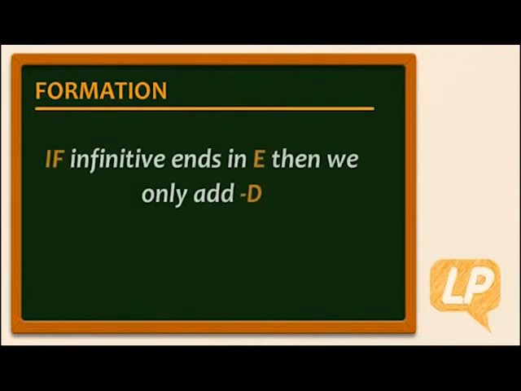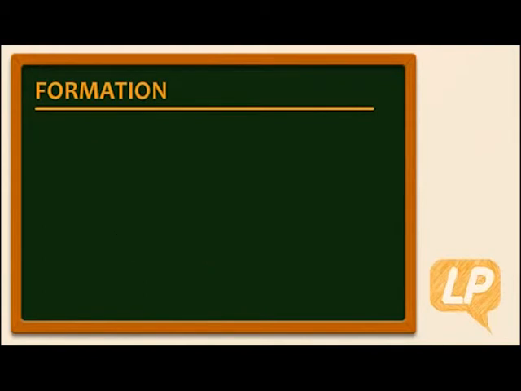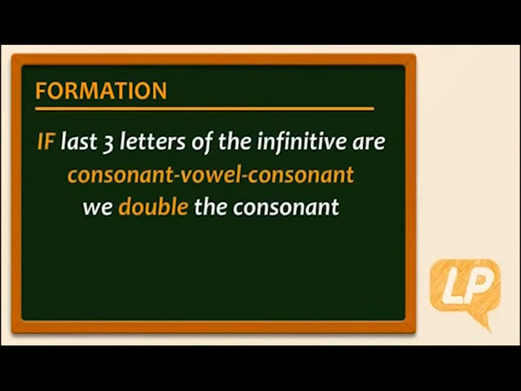If the letter E is the last letter of the infinitive, you only add the D. Smoke, smoked. If the last three letters of the infinitive are consonant, vowel, consonant, we must double the consonant.